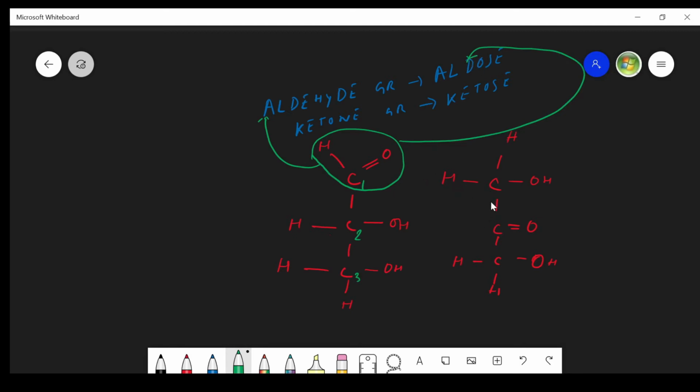Whereas in case of this one, we are finding that ketone group is present in carbon position 2, so we call it a ketose. So if there is aldehyde group, we call that sugar aldose. If there is ketone group, we call it a ketose. Is it clear? Okay, so let's move to another one.